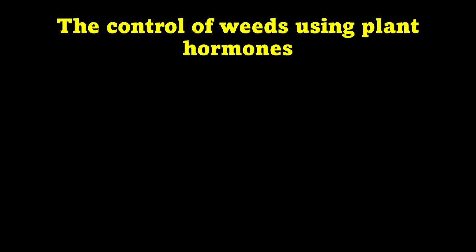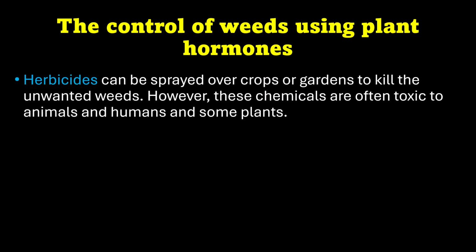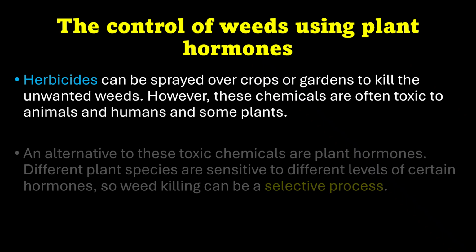In this case, we're going to use hormones instead of weedicides, insecticides or herbicides. Herbicides are special chemicals used for killing weeds or plants. They can be sprayed over crops or gardens to kill unwanted weeds, that is, unwanted plants in our backyard garden. However, these chemicals are often toxic to animals, humans and some plants.